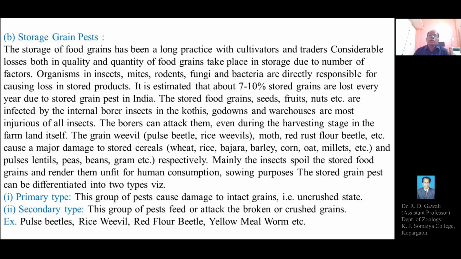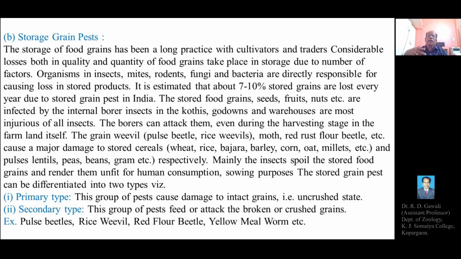There is a release of exoskeletons or even excreta, or their products, toxins like saliva, and the pupae or silken galleries, which are also released during the development of the pest in the stored food grains.